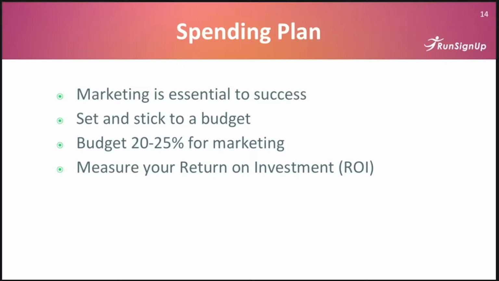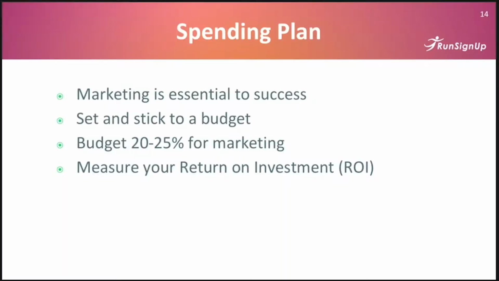But when you're generally thinking about marketing, you're thinking about running ads, sending email blasts, and things like that. Whether the email has a coupon, that's all part of the budget, because you've reduced your race fee. And so that's part of the budget if you're thinking about giving away a coupon. And generally you want to stick to about 20 to 25% of your overall budget to spend on marketing to get participants at your race.